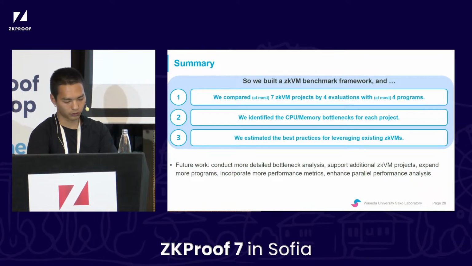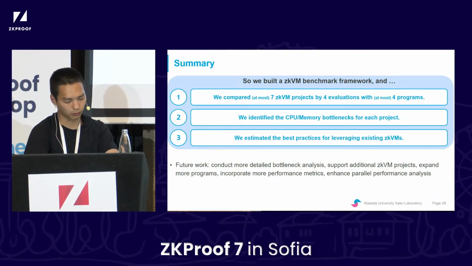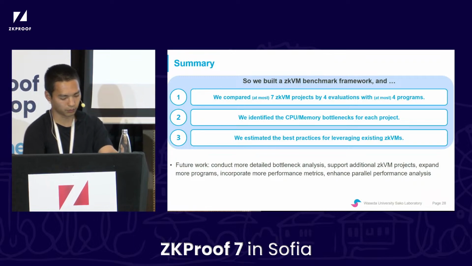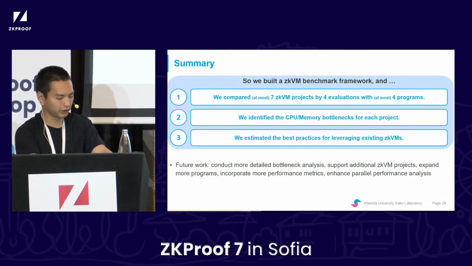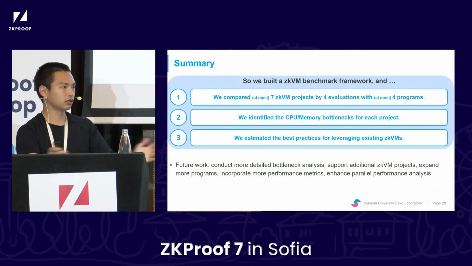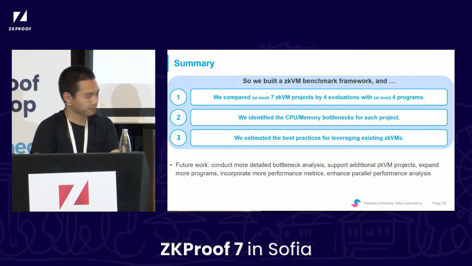That concludes our research. Future challenges for our benchmark framework include more detailed bottleneck analysis, support for additional new zkVM projects like Zisk and Pico as well as the latest versions of current projects, support for programs with wider applications such as float and matrix operations, and complete comparisons for processing efficiency.